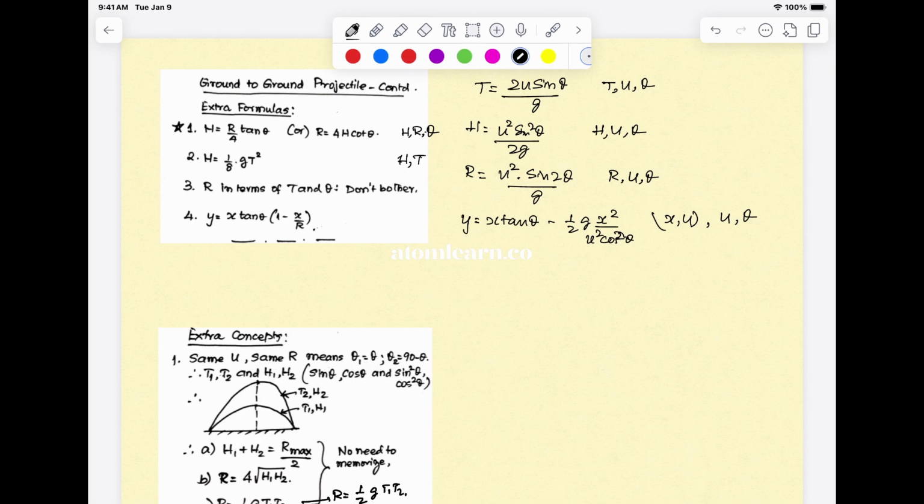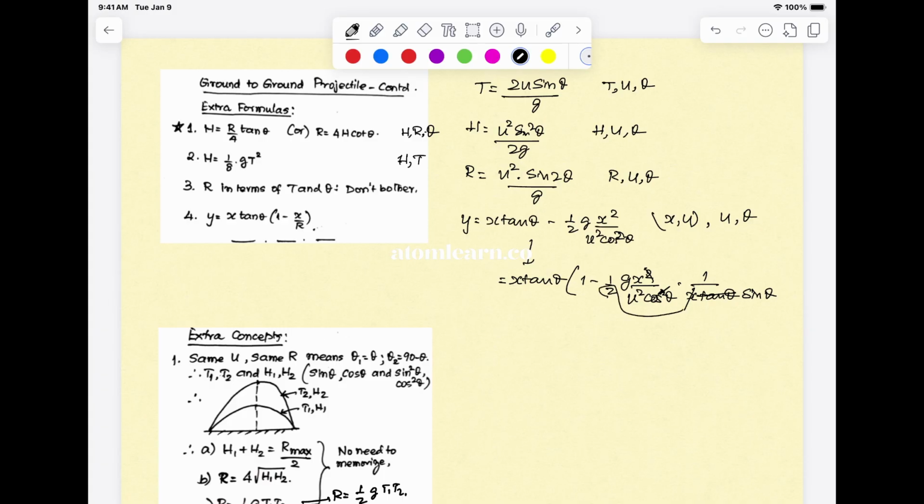This can be rewritten as x tan theta taken common outside, minus half g x squared by u squared cos squared theta as I have written it. Now here one cos is cancelling, and tan theta is sin theta by cos theta, so one cos can be removed and replaced with sin theta.